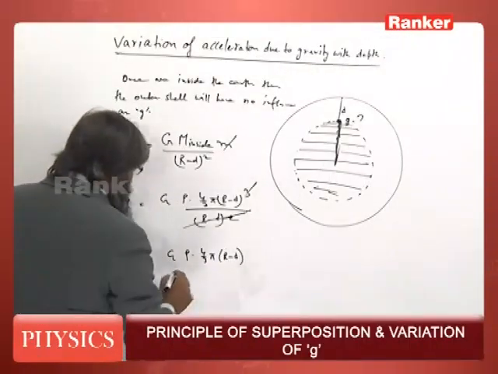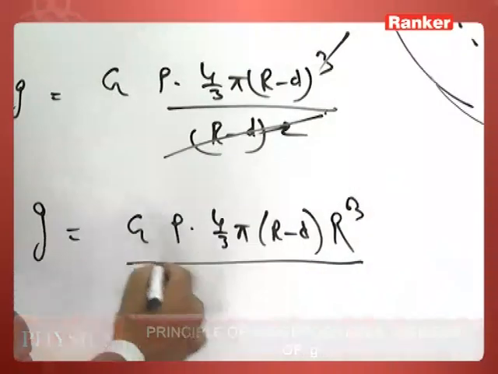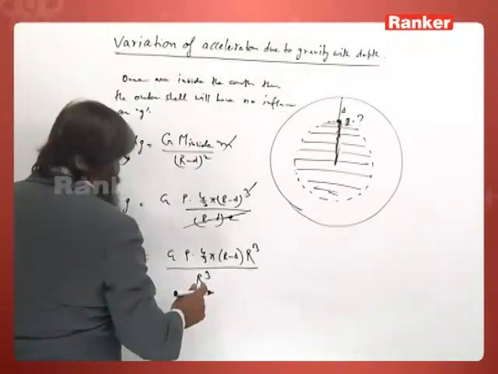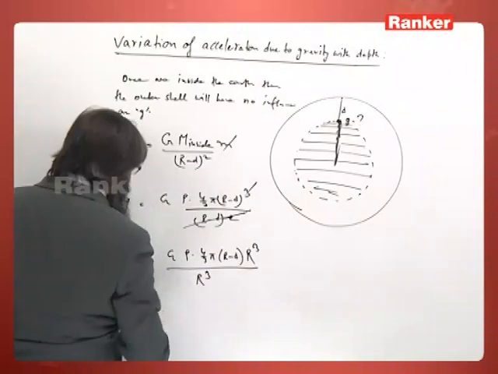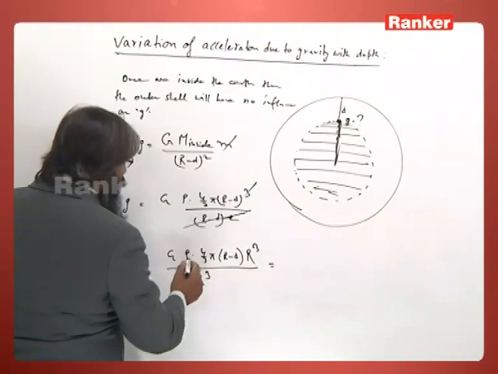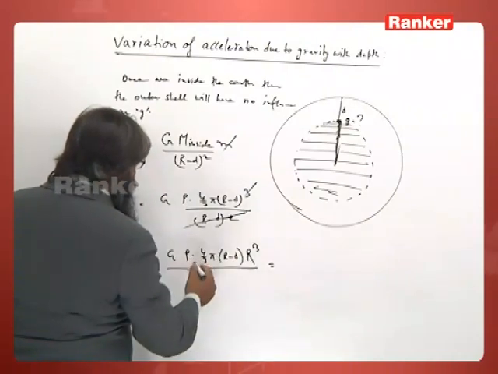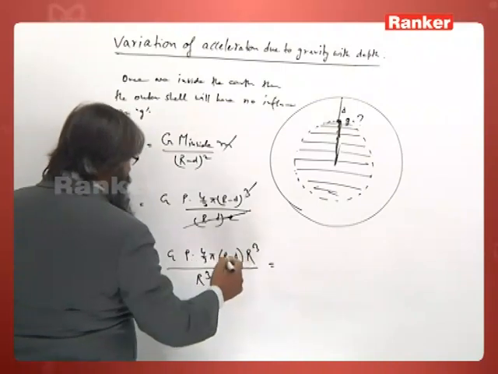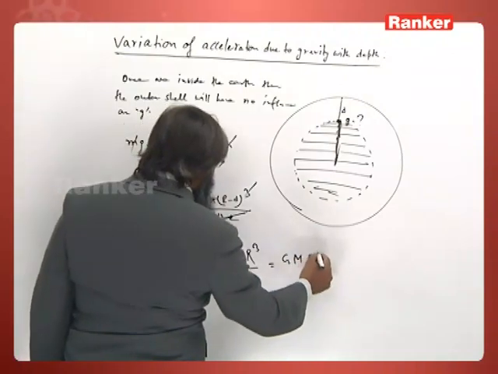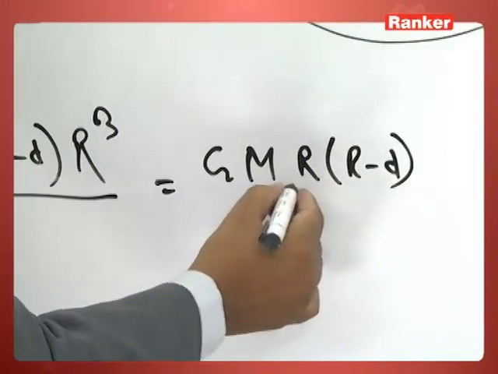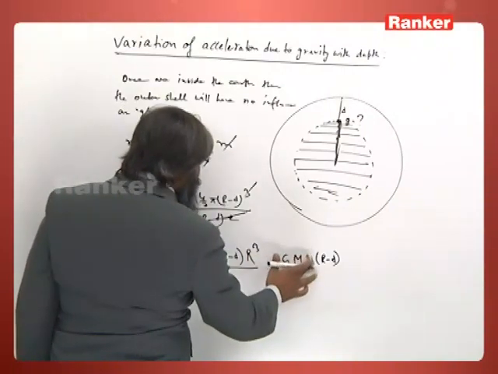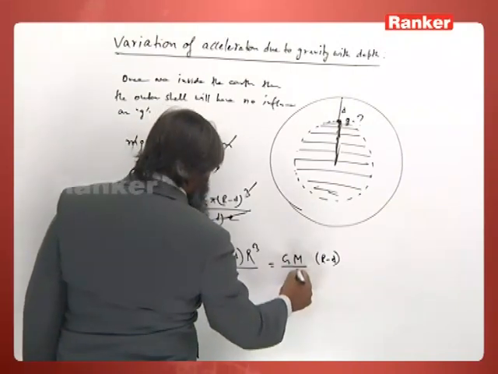Now, we can multiply this by r cube, and here as r cube. So, we get rho into 4 by 3 pi r cube as the mass of earth. So, mass of earth means GM, and it will be r times (r minus d) by r cube.